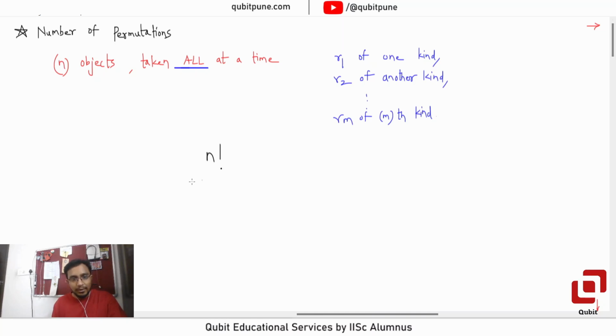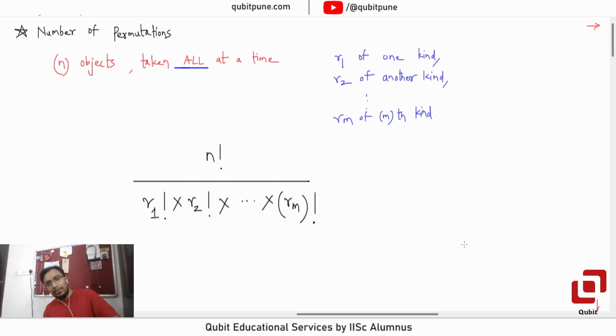It is n factorial upon r1 factorial into r2 factorial up to rm factorial. You people know this, right? Also you can prove it. There is no big deal to prove it, but let's avoid the proof for the time being. Is it clear, the third thing in permutation? Okay, great.